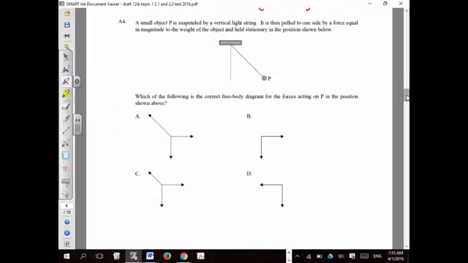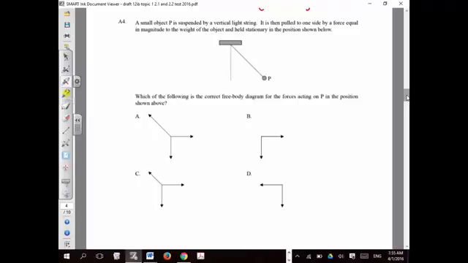Okay, A4. A small object P is suspended by a vertical light string. It's then pulled to one side by a force equal in magnitude to the weight of the object and held stationary in the position shown below. Which of the following is the correct free body diagram for the forces acting on P in the position shown above?